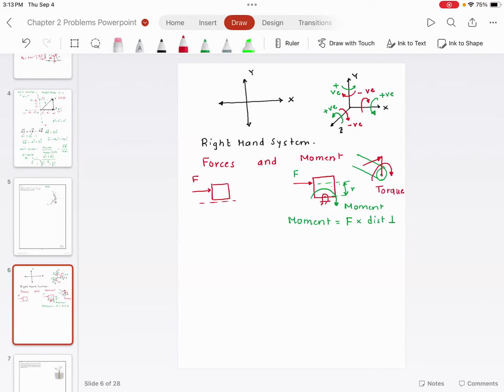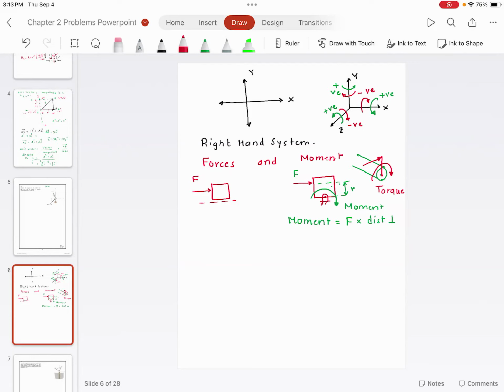Moment is force times the perpendicular distance. This equation is valid for the bending moment, and it is also valid for the twisting moment, but the bending moment is around an axis, and the twisting moment is about an axis. So torque is nothing but the twisting moment.